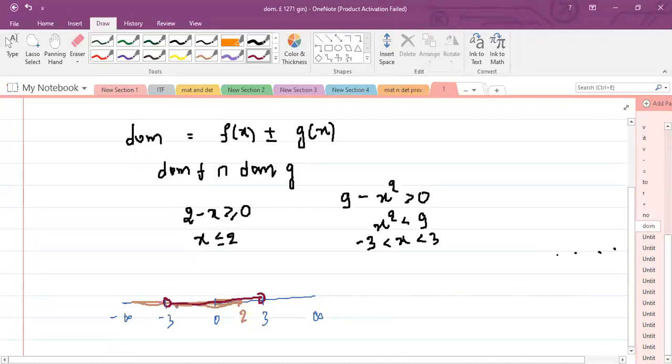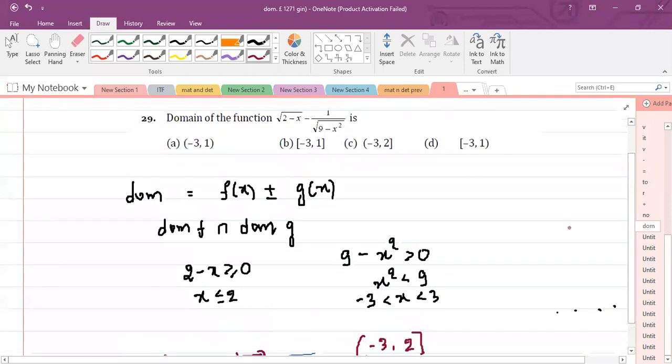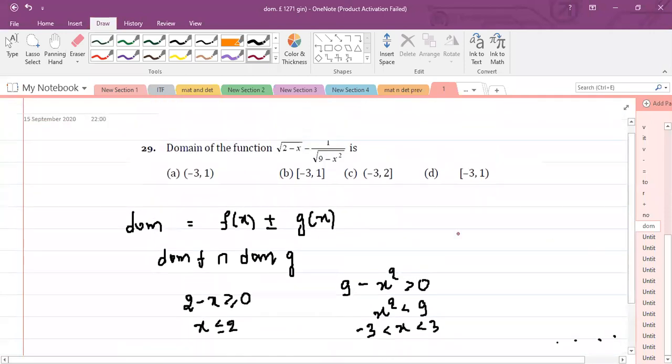See here, both contain this part to this part: minus 3 open, plus 2 closed. Therefore it is option C.